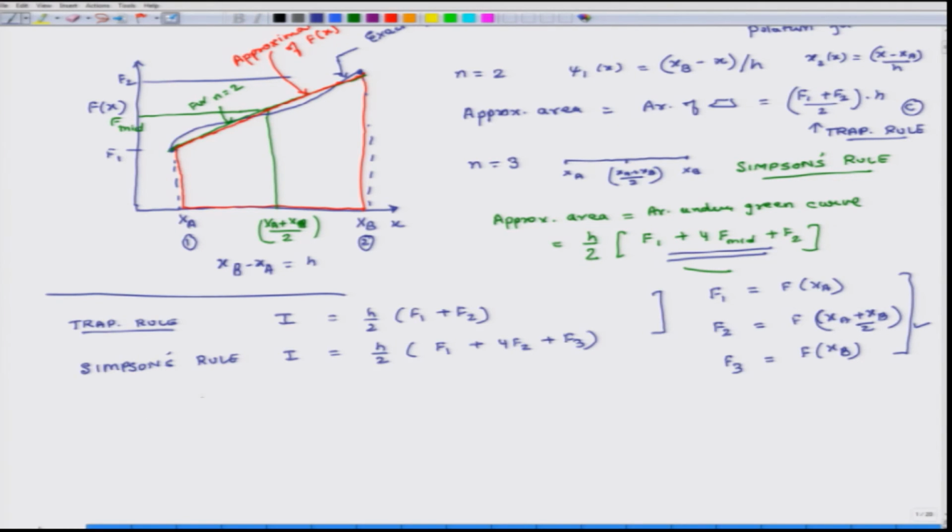I can rewrite this trapezoidal rule in another form. I can write it as f1 times h by 2 plus f2 times h by 2. It's the same thing. Similarly, Simpson's rule can be written as f1 times h by 6 plus f2 times 4h by 6 plus f3 times h by 6.